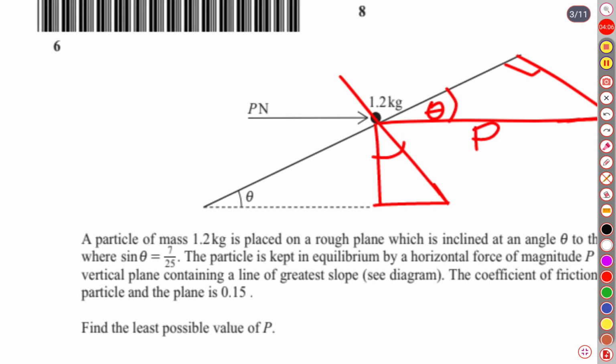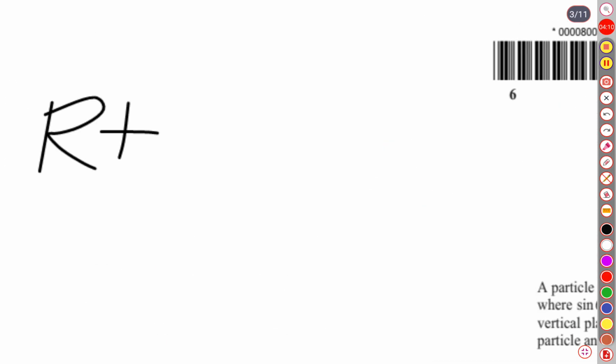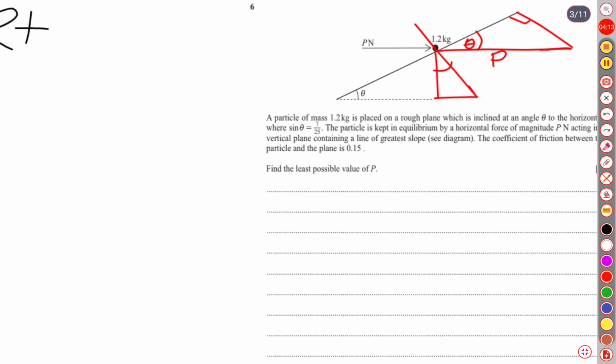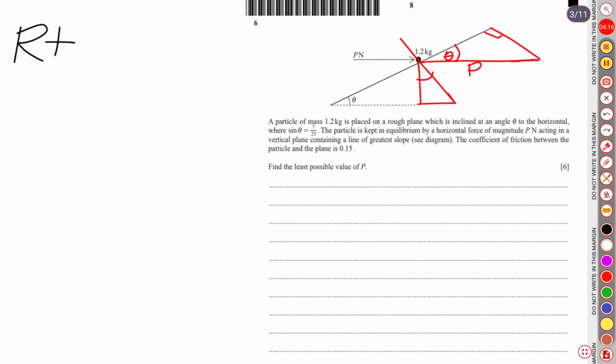So there is no force on this particle acting upward. So there is no upward force. That's why R plus 0. For upward force it is 0. Then the downward forces. So first of all, downward force is what? This weight is causing downward force.